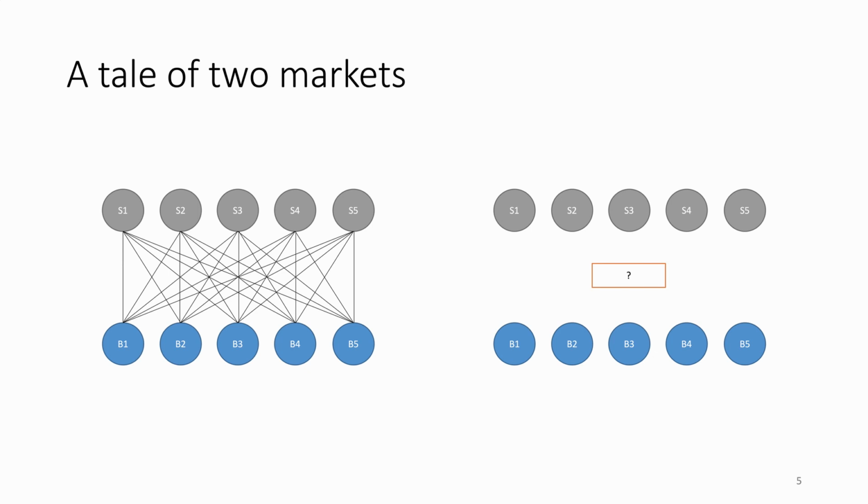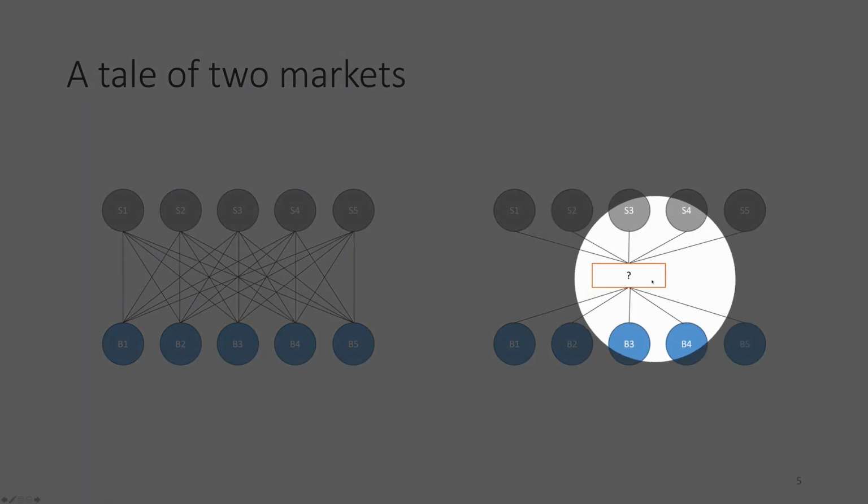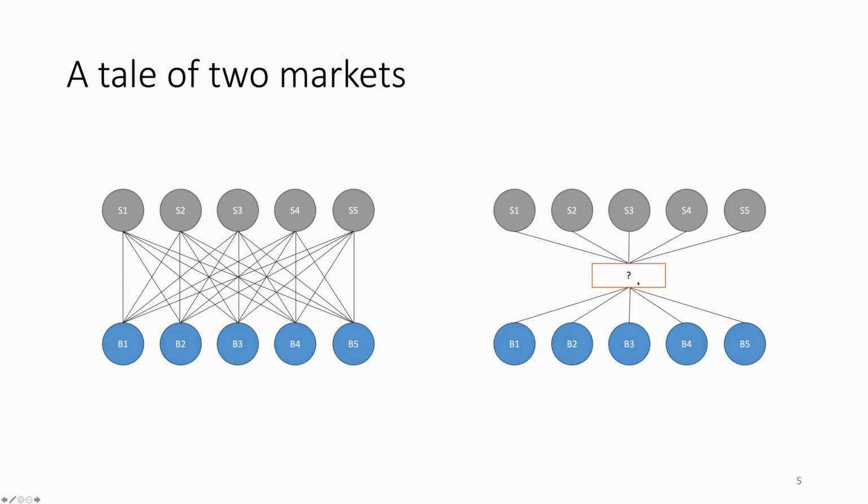Well, all we need is each seller to come to this market and each buyer to come to this market. Then the market on the right would be fully functional. So the advantage here is that you only need 5 plus 5, 10 connections, for every seller to be able to sell to every buyer. This is, by and large, the main advantage of having efficient channels.